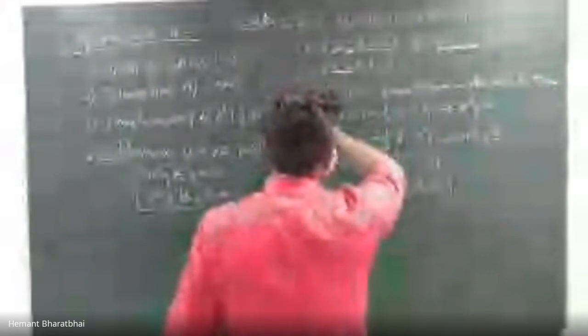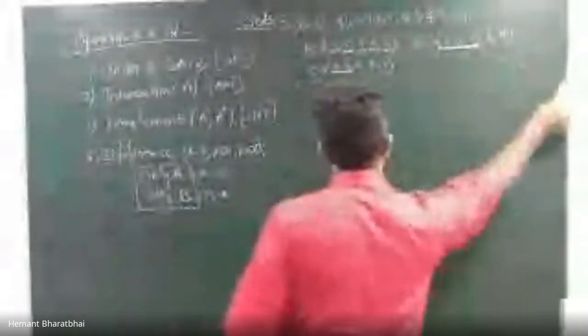Let's see the last one, complement. Let's see complement of a set. Whenever we say complement, the complement is only found if there is a universal set.